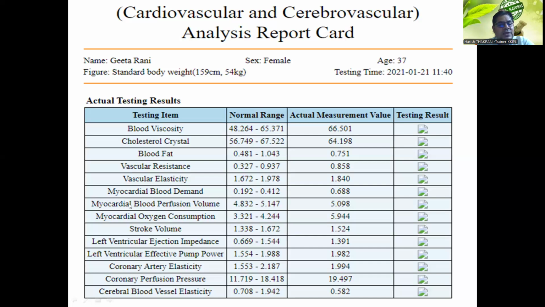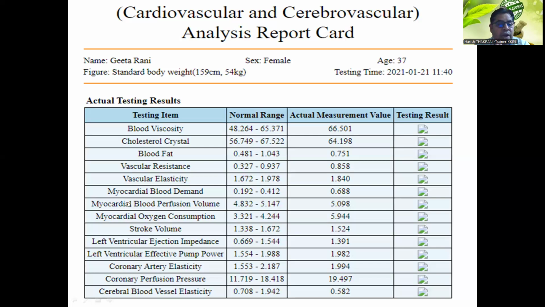The next report card is myocardial blood perfusion volume. It means what amount of blood is coming out of our auricle when our ventricle contracts, that is called blood perfusion volume. If the blood perfusion volume is normal, you may have normal BP. If the blood perfusion volume is on the higher side, that means your heart is receiving a good amount of blood, and hence your heart function will become much better.